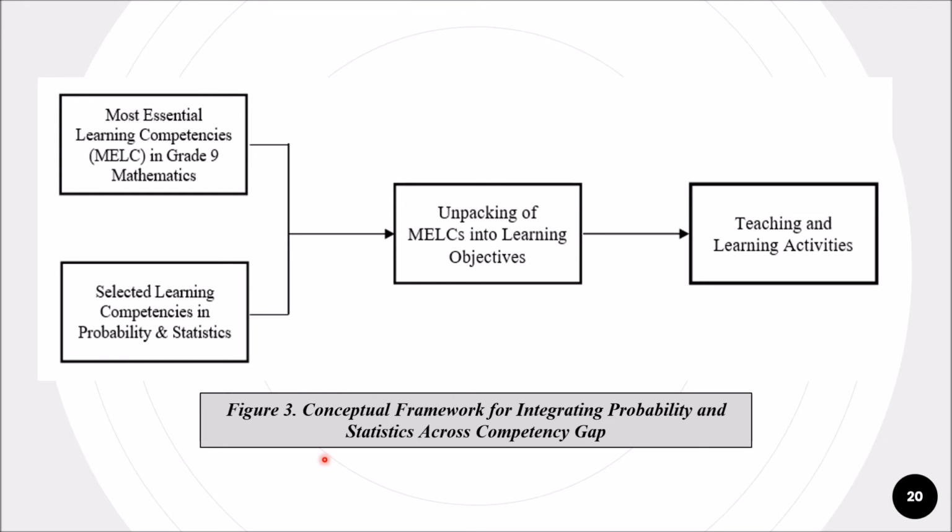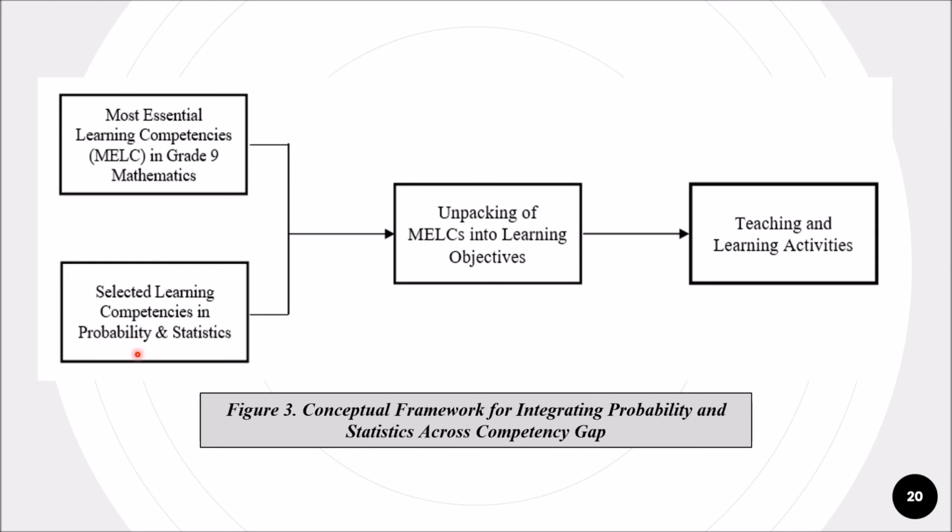The first one stands for the learning competencies, which is composed of 2 categories, one of which is the most essential learning competencies in grade 9 mathematics. The other category of learning competencies is the selected learning competencies in probability and statistics.